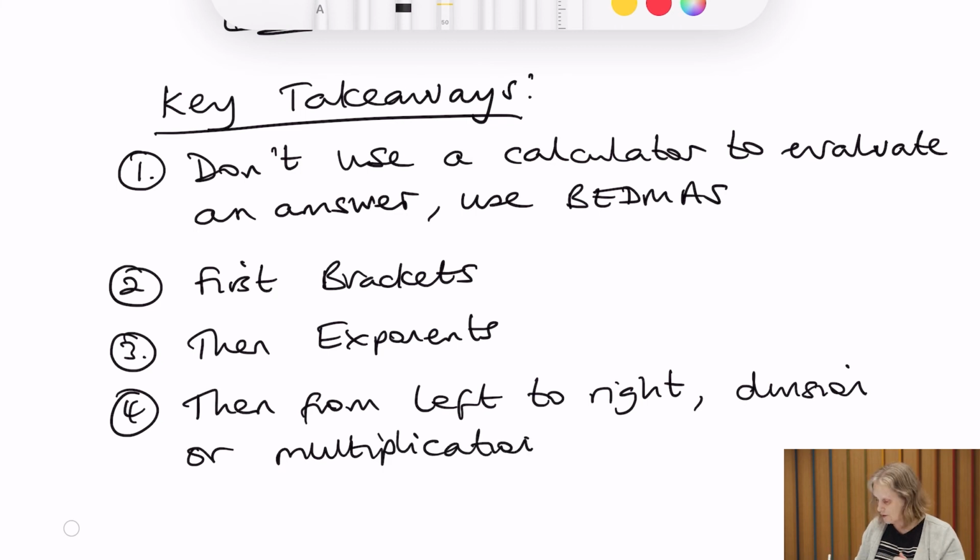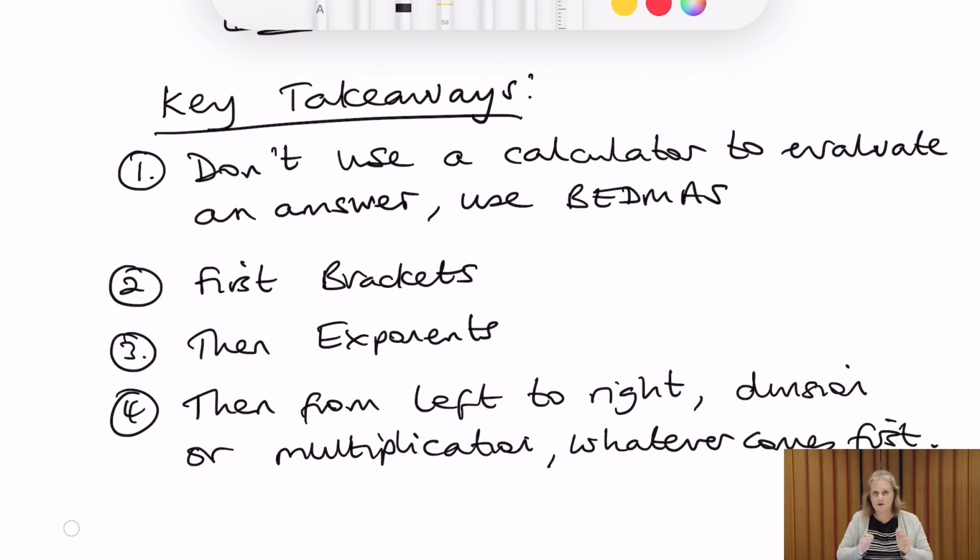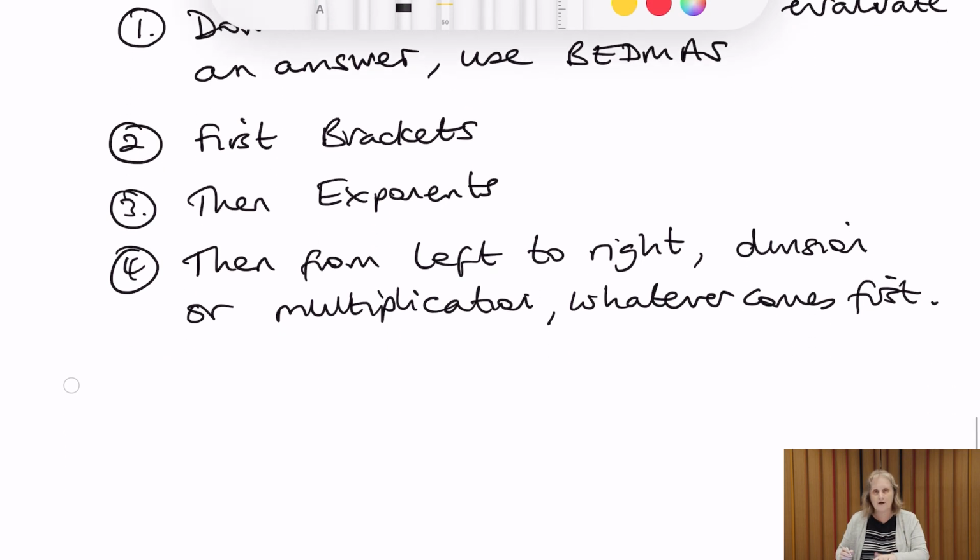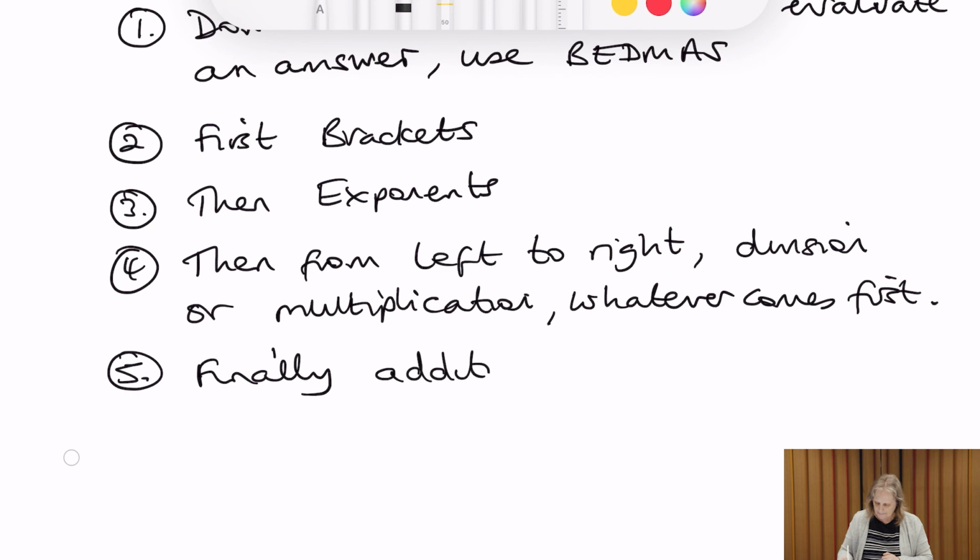So from left to right, we're going to look for division and multiplication, whatever comes first. And that last example really illustrated that, because we had lots of multiplication and division, but we were doing it in sequence from left to right. And then finally, you can do the addition and subtraction.